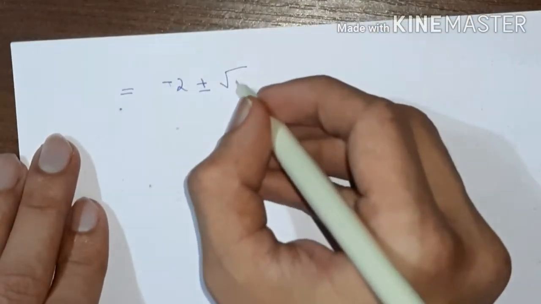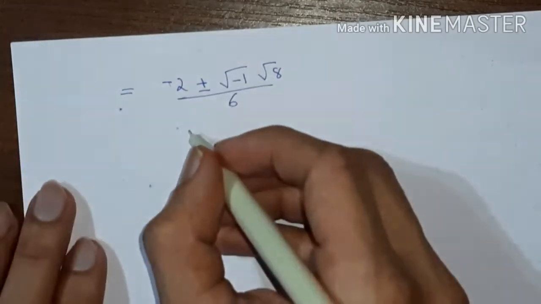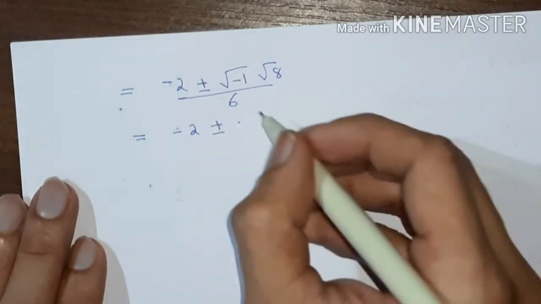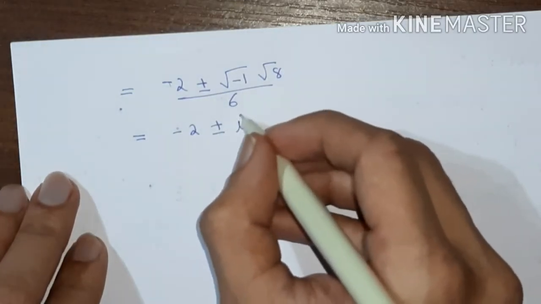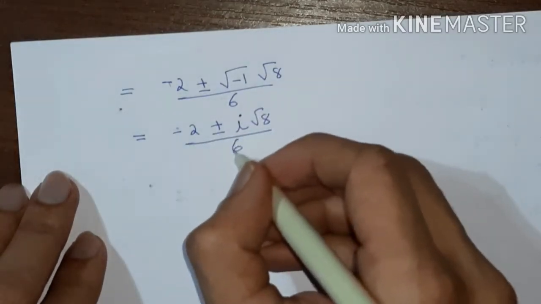We can write minus 8 as minus 1 times 8, so this is equal to minus 2 plus or minus root of minus 1, which is iota, multiplied by root 8, divided by 6.